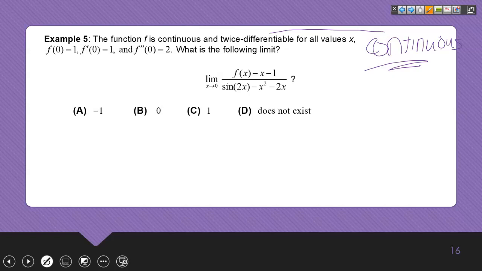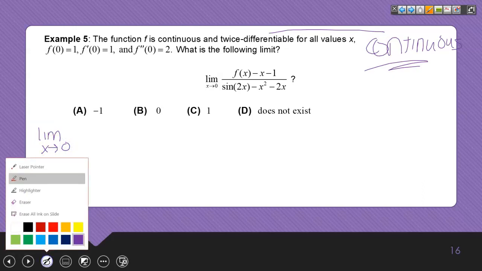So this is one of those ones where you have to plug in different parts. So anytime you're doing this, we're just going to quickly sub and plug in 0 for everything.